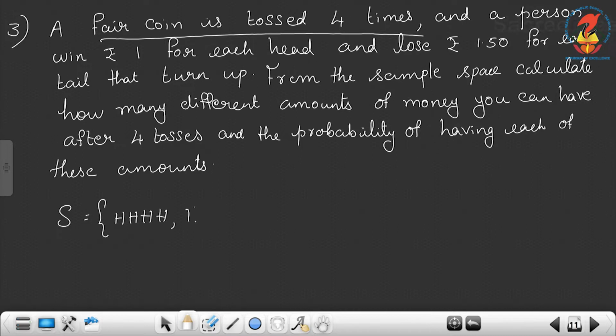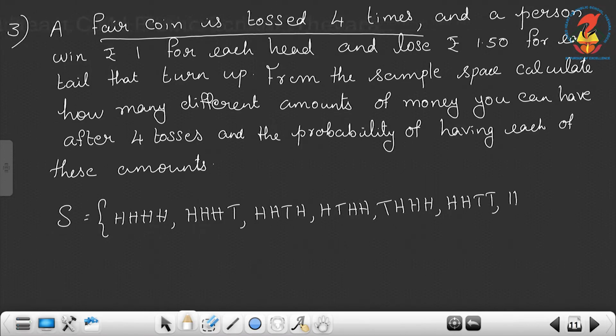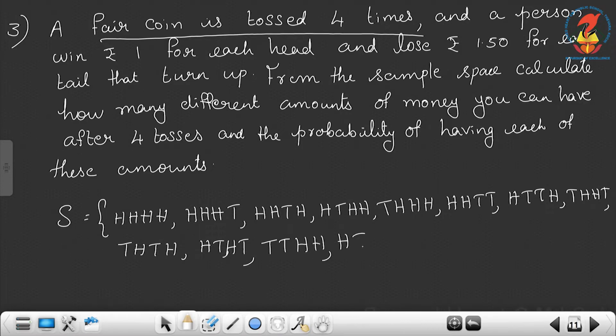4H, then triple H and 1T: HHHT, HHTH, HTHH, THHH, then double H, double T: HHTT, HTTH, THHT, THTH, HTHT, TTHH, then H and triple T: HTTT, THTT, TTHT, TTTH, then 4 T's.